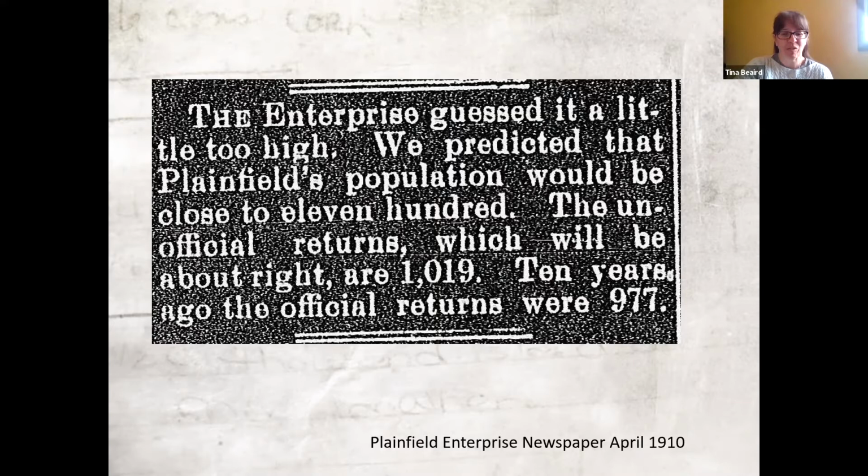And if you look at the result, 1,019 people was the population in Plainfield in 1910. In 1900, the population was 977. So you could see in small town rural America that the population really only changed by about 24 people over the course of a 10-year period.